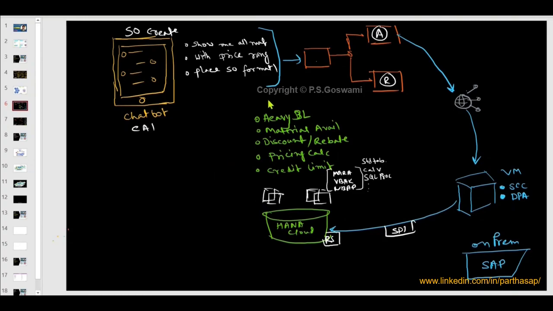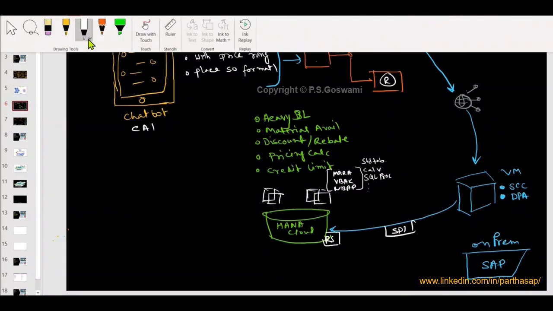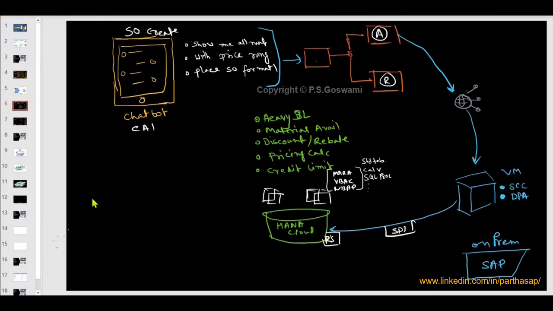And we have already seen why we are not using the APIs for this particular purpose. But there could be some other requirements. What are the other requirements? Let's say you wanted to put in custom fields. Generally business needs some custom fields for custom logic development.